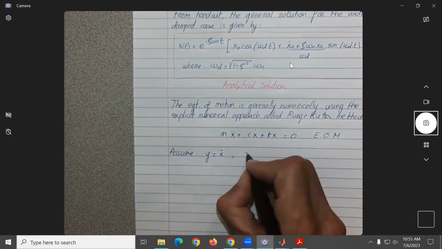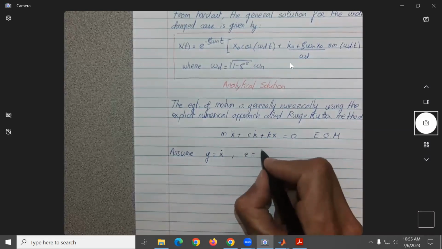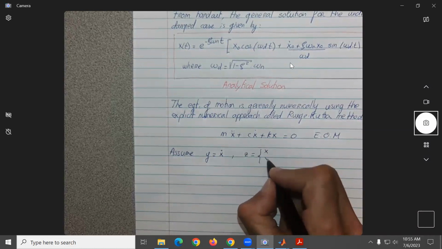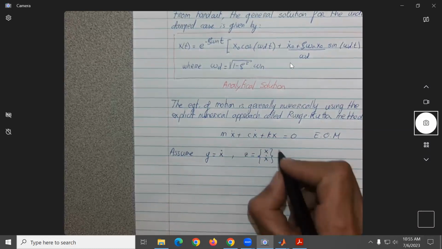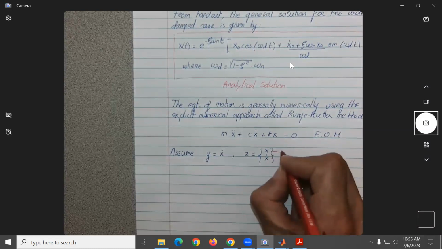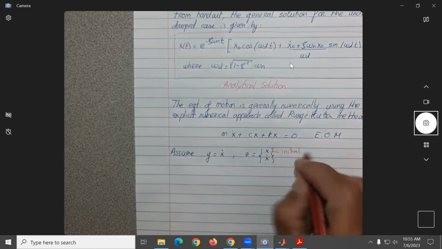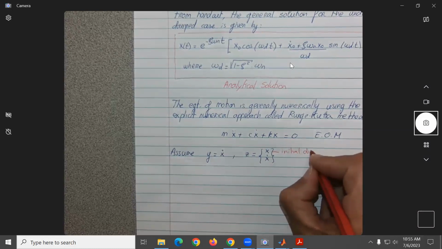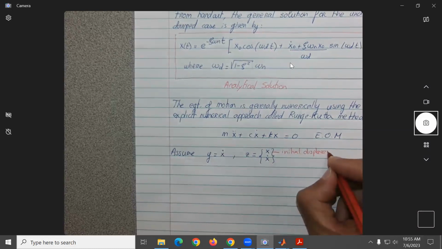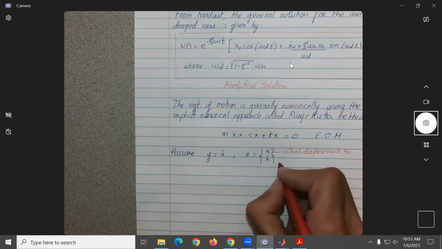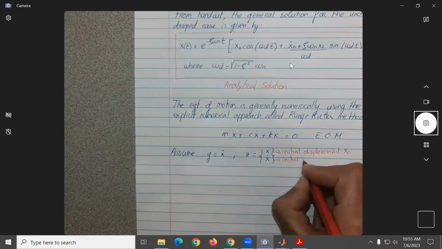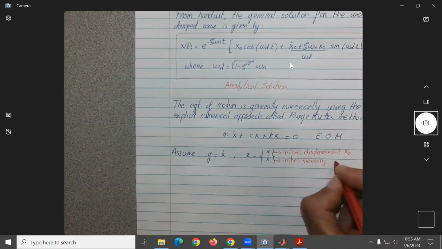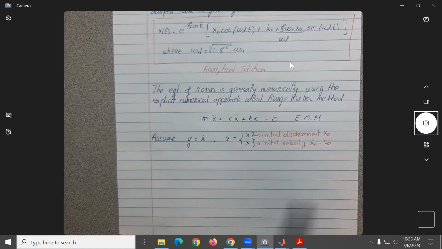Now you can rewrite a new variable z, which will be defined as x and x dot, where this is the initial displacement, so this should be our x sub naught, and this one here will be our initial velocity, x dot sub naught.